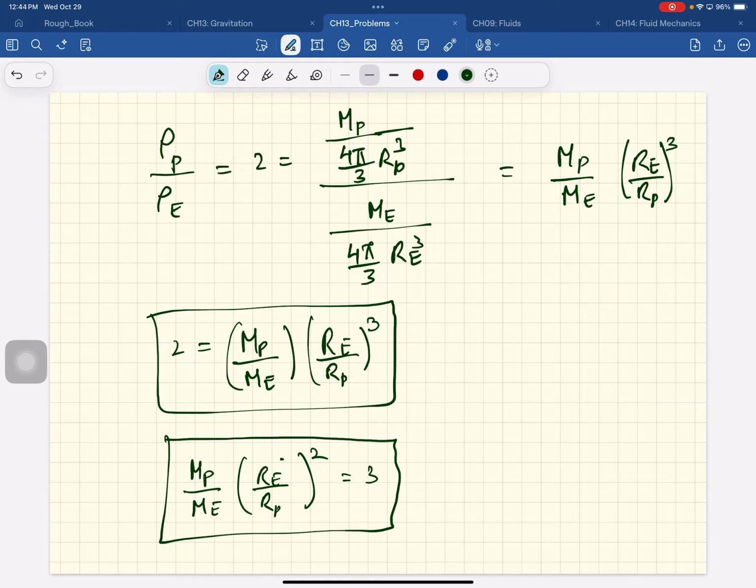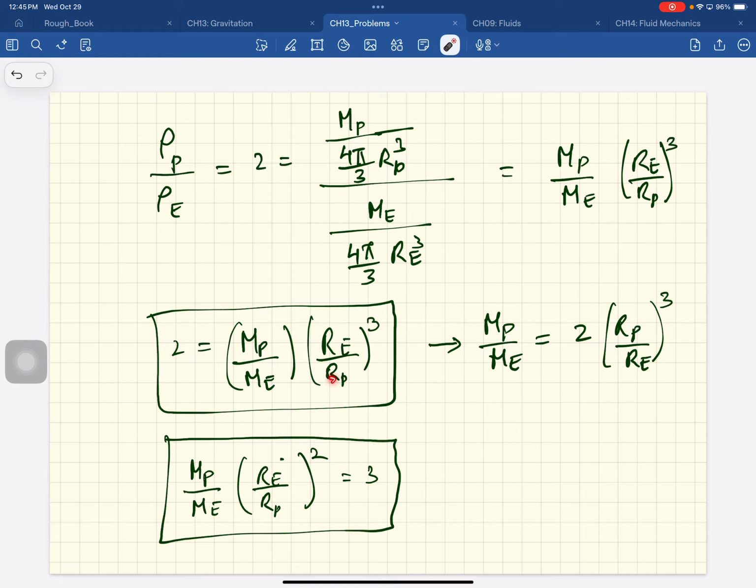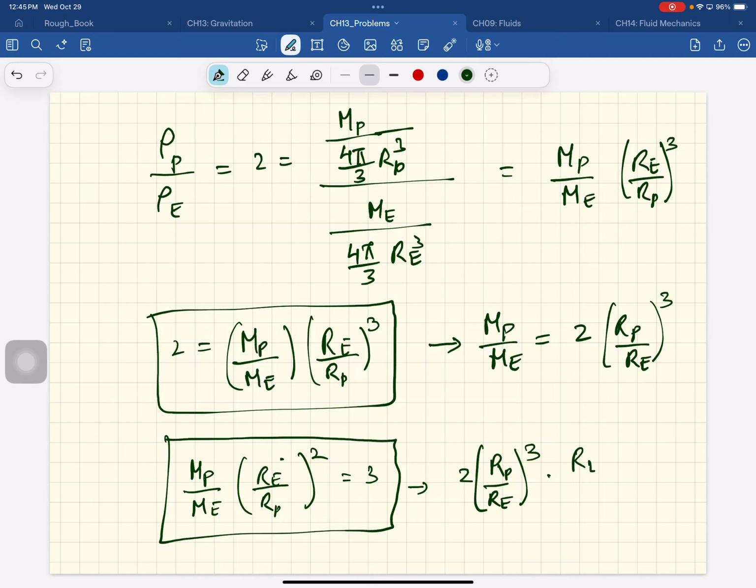This equation tells us MP by ME equals 2 times RP by RE cubed. Now we'll substitute that in here. So this is 2 times RP by RE cubed times RE by RP squared, equal to 3.